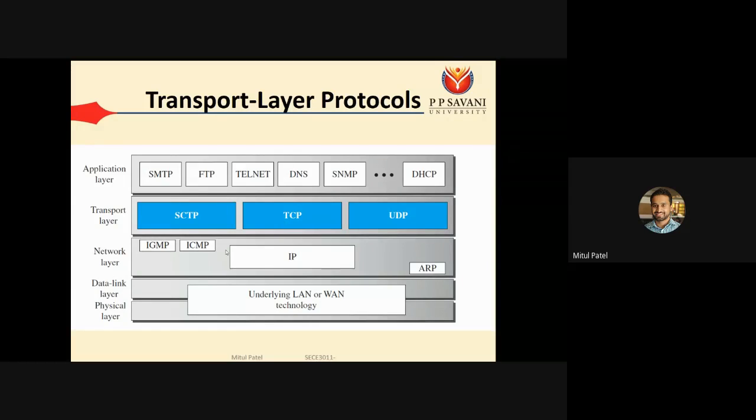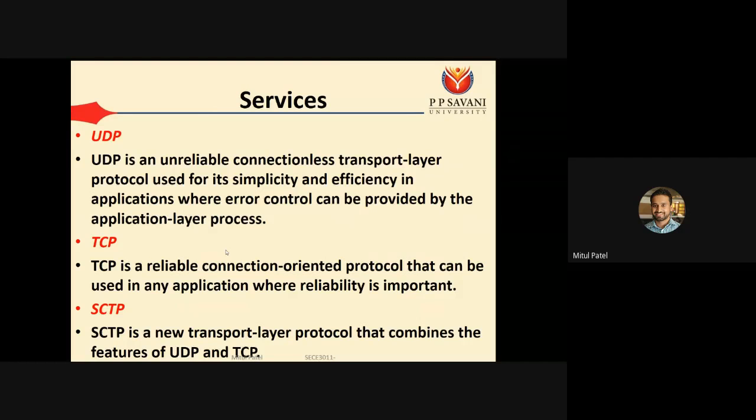UDP is an unreliable connectionless transport layer protocol. Unreliable means there is no guaranteed delivery of your data. The packet is sent, but there is no guarantee that it is received by the receiver or not.